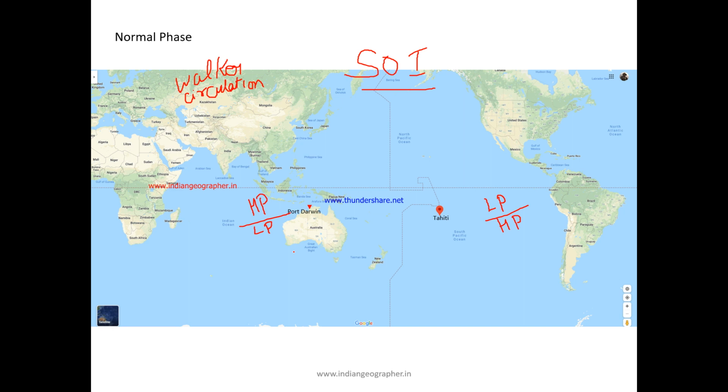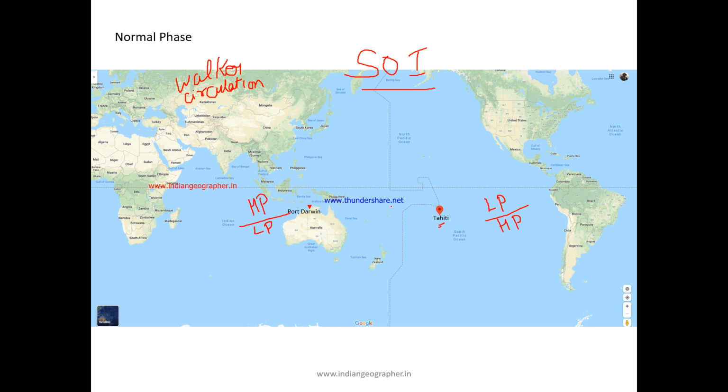The pressure differences have to be measured somewhere. In the Pacific Ocean it is normally measured at Tahiti Island, and in the Indian Ocean it is measured at Port Darwin in Australia.